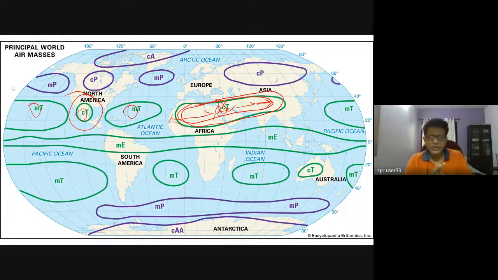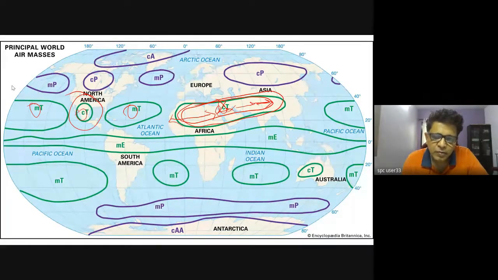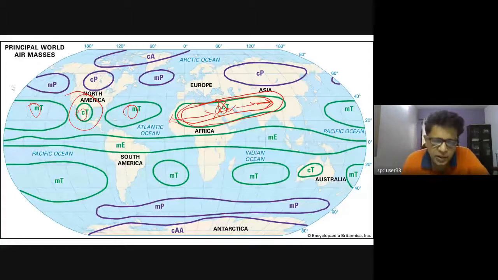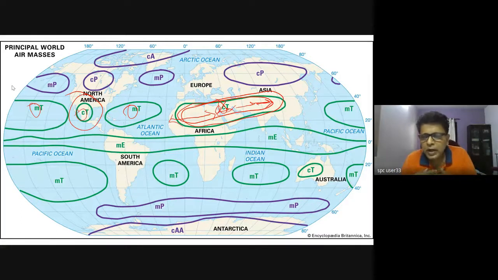As far as source regions are concerned, it may happen that a particular air mass may not have much time to settle down in a particular area, or in some cases, because of divergence, a particular air mass stays there for a significant period of time. On those bases, the characteristics that these air masses pick up from the local conditions are going to be unique, and they will also be called separately.